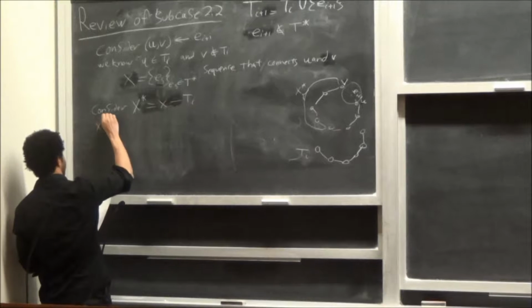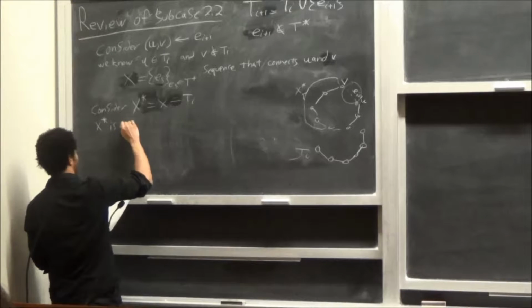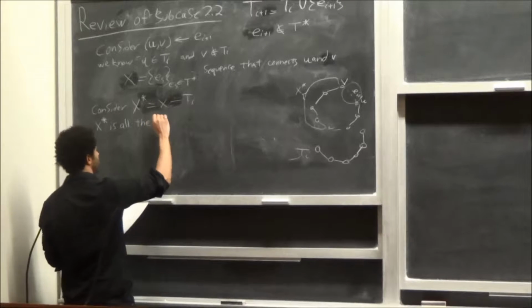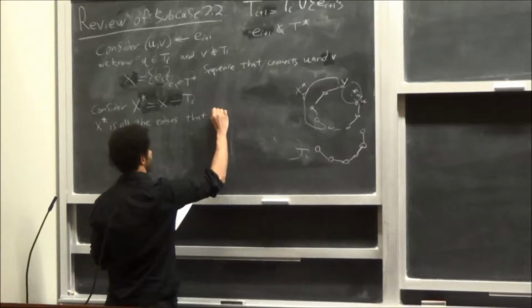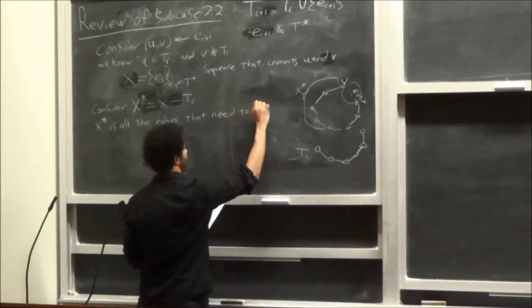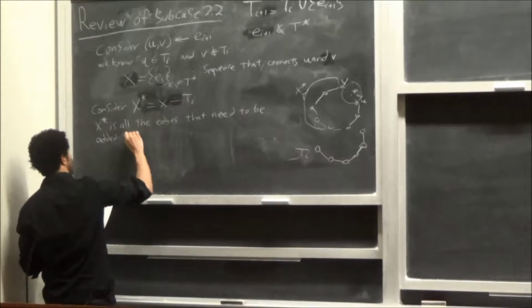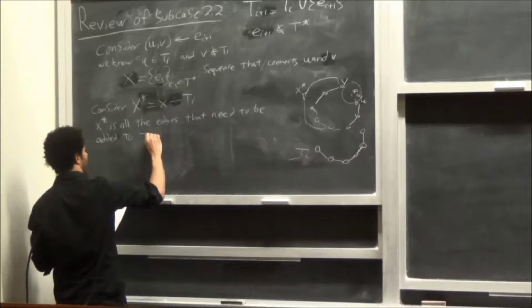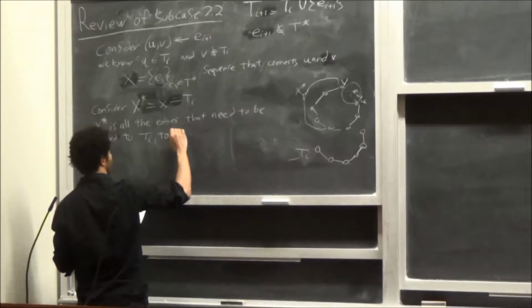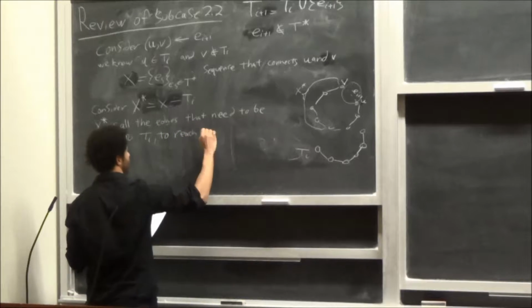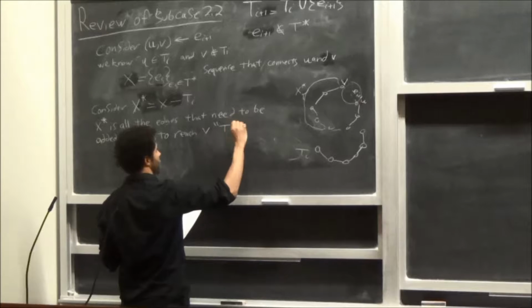X star is all the edges that need to be added to Ti to reach the T star's way.